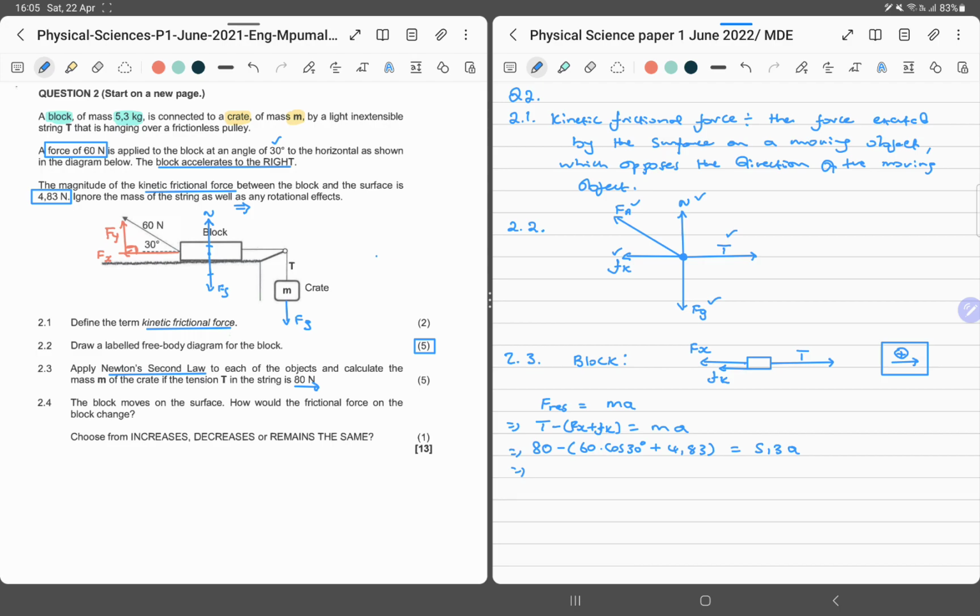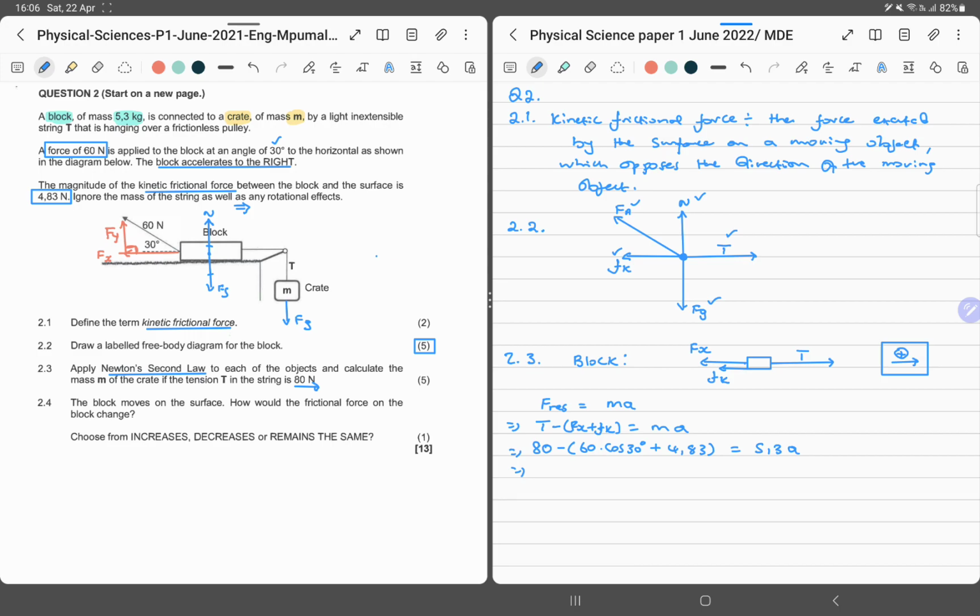Let's just double check if everything is the way it's supposed to be. Yes, it looks like that. So let's see. 80 minus 60 into cos 30, right?